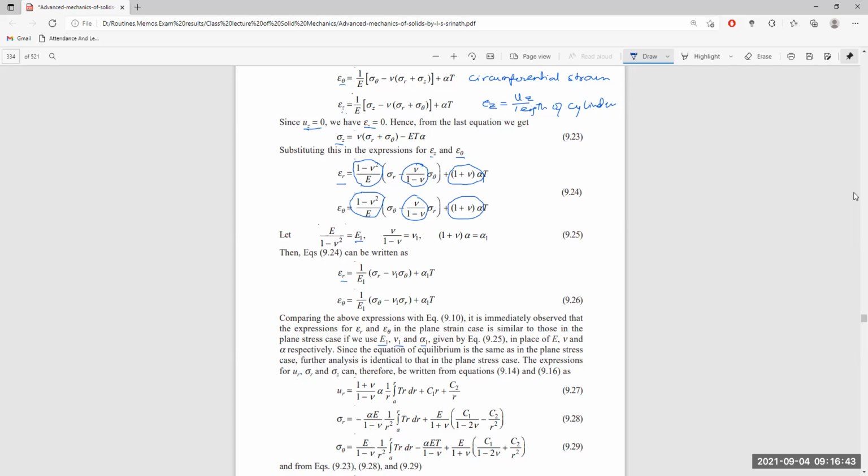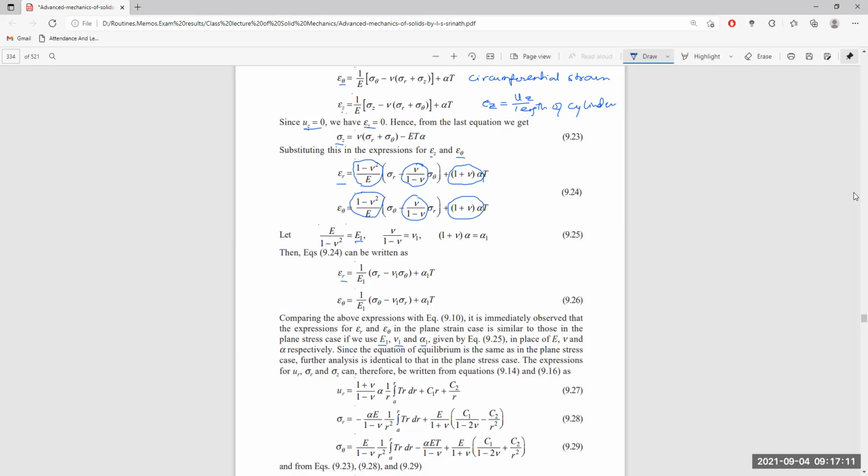What we have is (1 plus nu) by (1 minus nu) multiplied by alpha into 1 by r, integrated from a to r, t into r dr, plus c1 r plus c2 by r, where a is the inner radius and r is the radius of the concerned point under consideration.